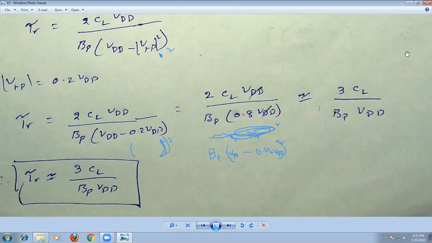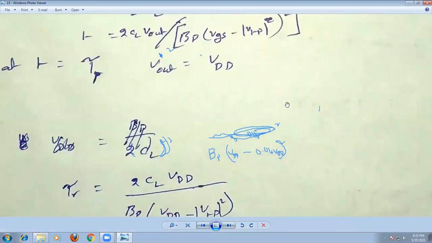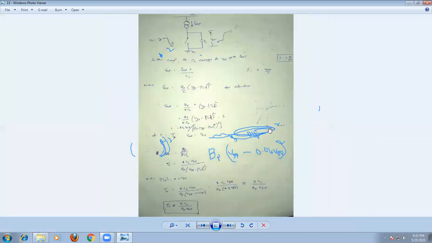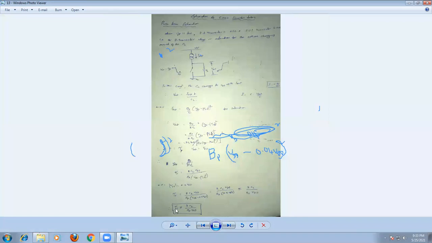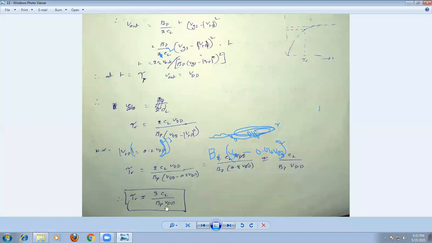This is the rise time, just remember. This is the rise time calculation in this case. So TR is equal to 3 times CL divided by beta P into VDD level.